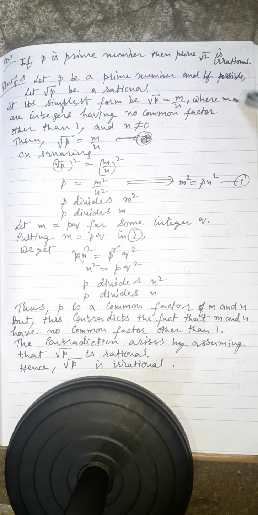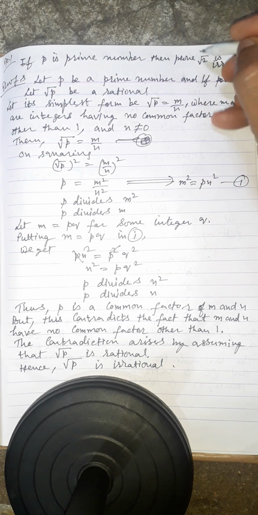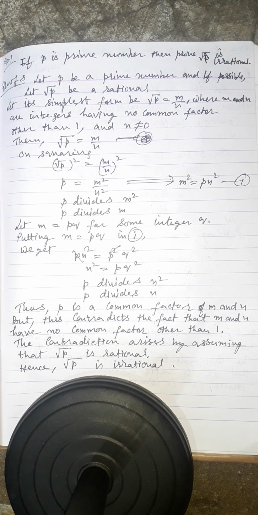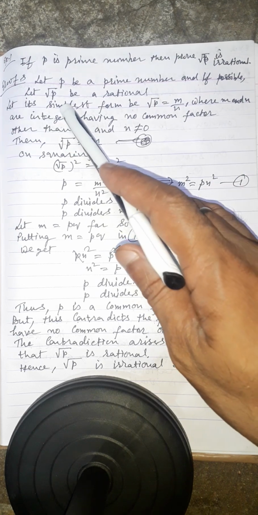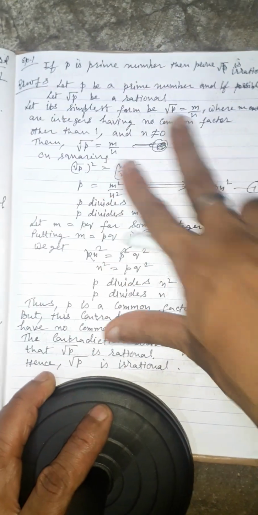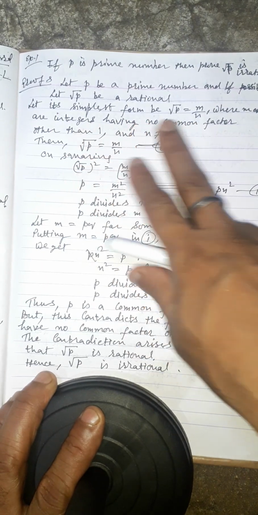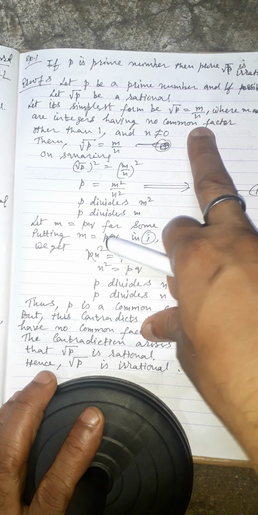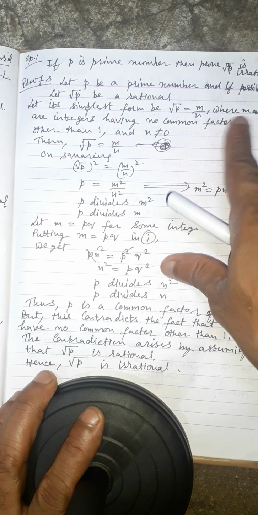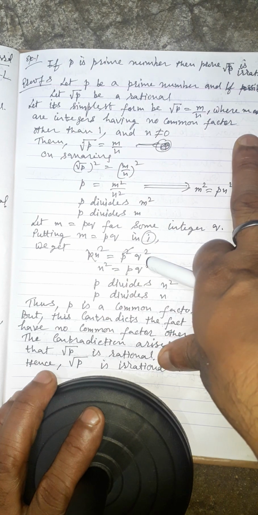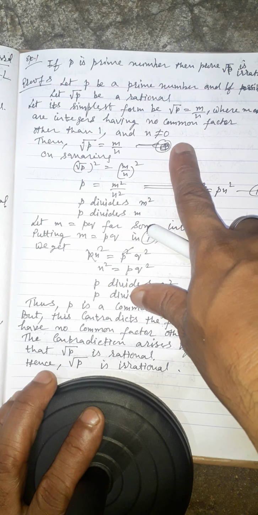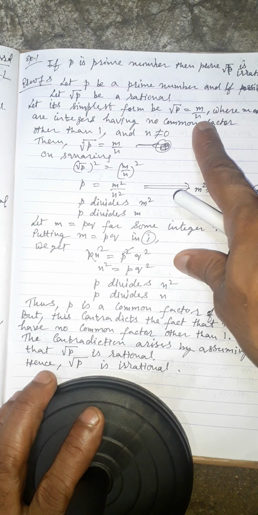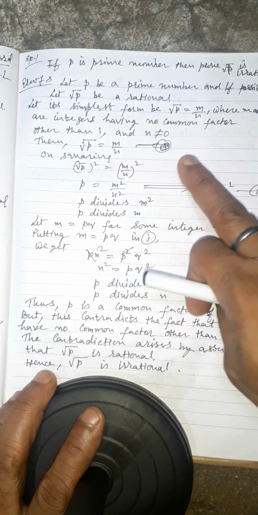Let P be a prime number and, if possible, let root P be a rational number and let its simplest form be root P equals m upon n, where m and n are integers having no common factor other than 1 and n is not equal to 0, because rational numbers cannot have denominator 0. Then root P is equal to m upon n.